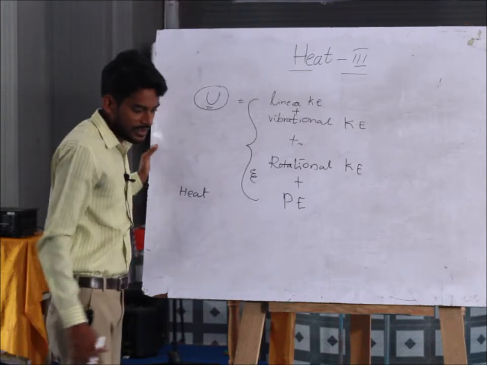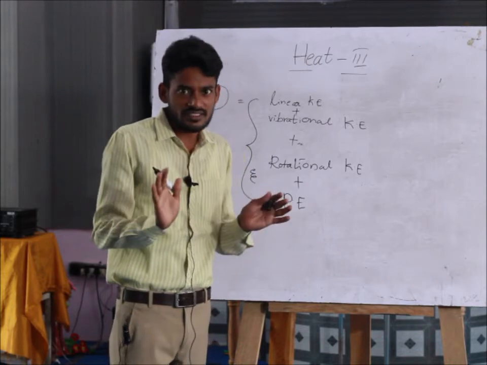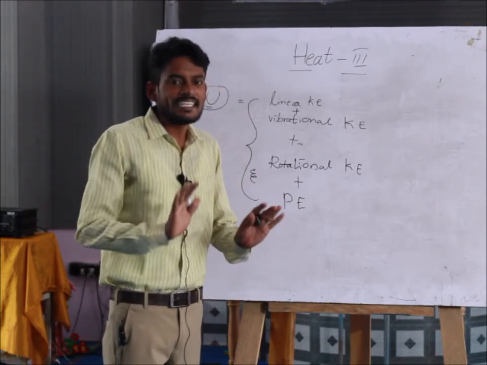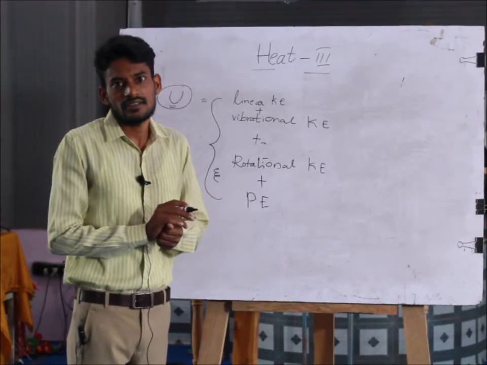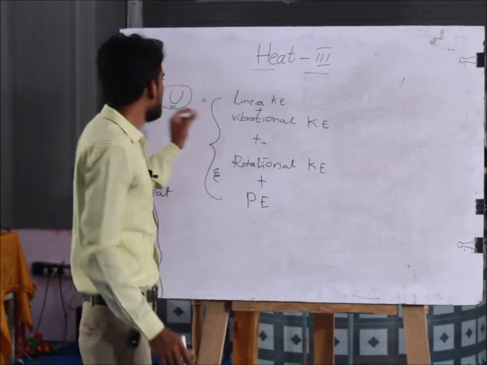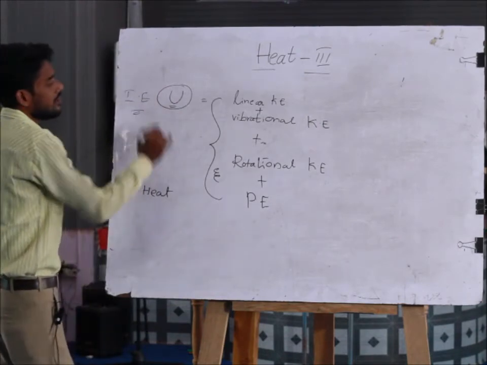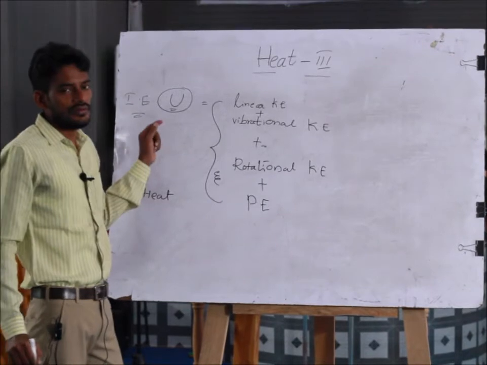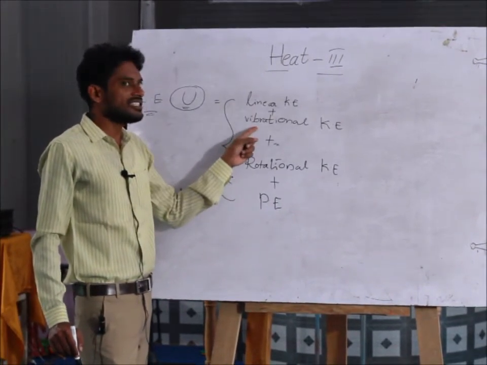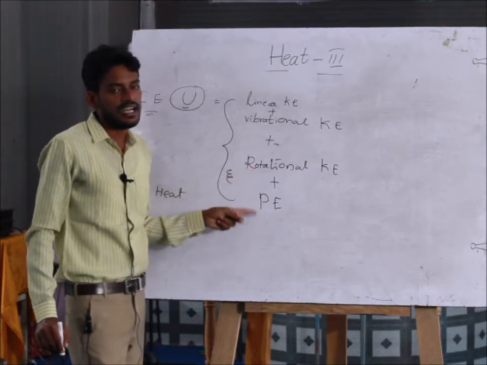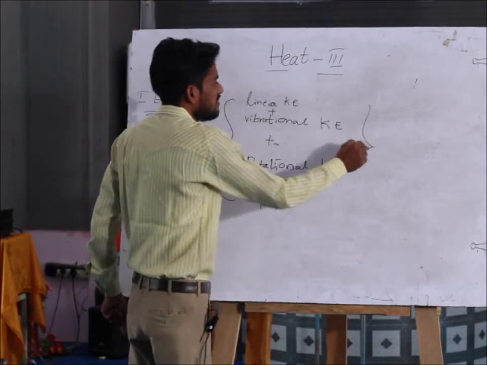Simply, you have to learn why specific heat is different for different substances: because internal energy is different for different substances. Internal energy, normally indicated by U, is the sum of linear kinetic energy, vibrational kinetic energy, rotational kinetic energy, and potential energy, which is very important.